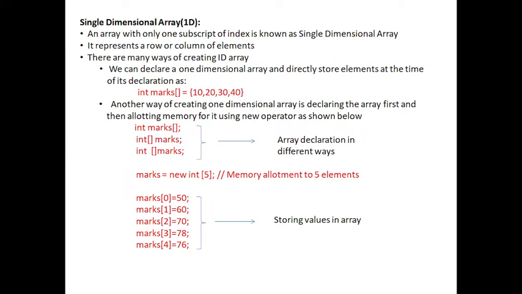So here what we have done, we have declared the array. The array name is marks. Marks is the name of the array. This is a single dimensional array. The type of this array is int. Int means this array is going to store only integer elements.